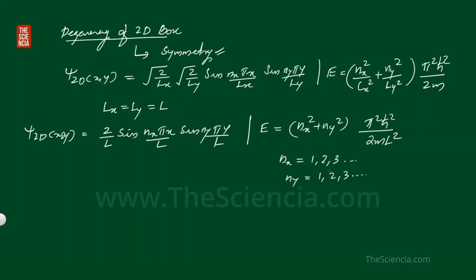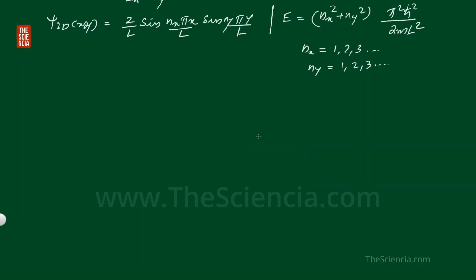Now let us discuss how this degeneracy arises and what the degeneracy is for each of these states. Now I am going to make a table. In this table, the first column is nx plus ny, the second is nx comma ny, next is nx square plus ny square, in increasing order.